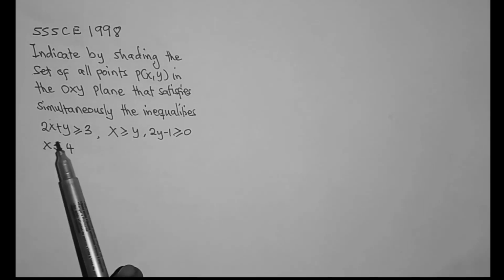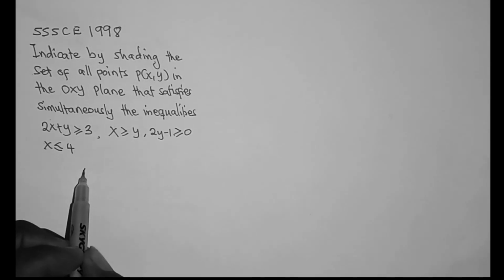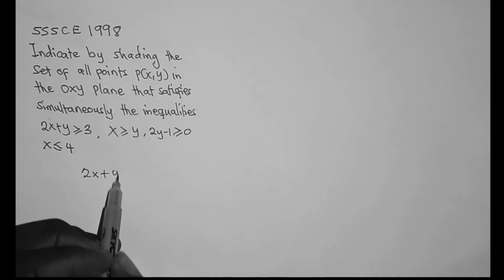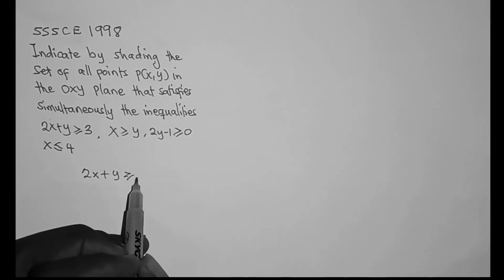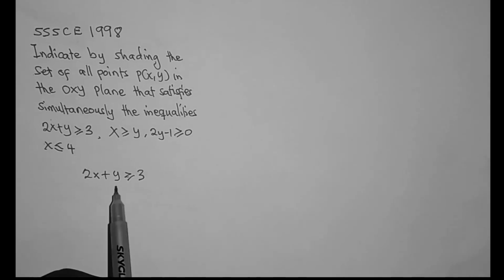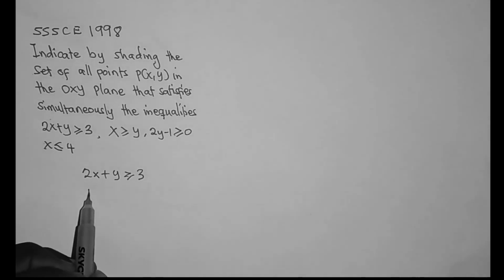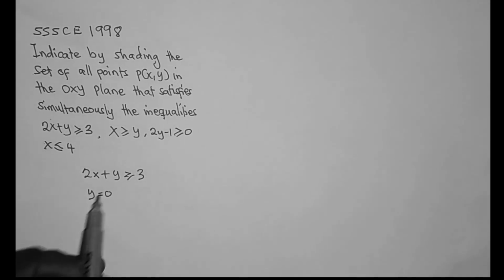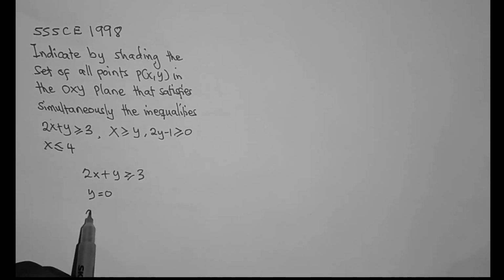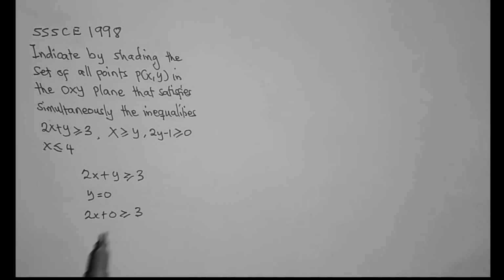So what we must do in this case is let's take the first inequality, which is 2x plus y greater or equal to 3. So what we will then do is find the x and y intercepts. For the x-intercept, y is 0. So let's put y equals 0 into this equation. This becomes 2x plus 0 greater or equal to 3.